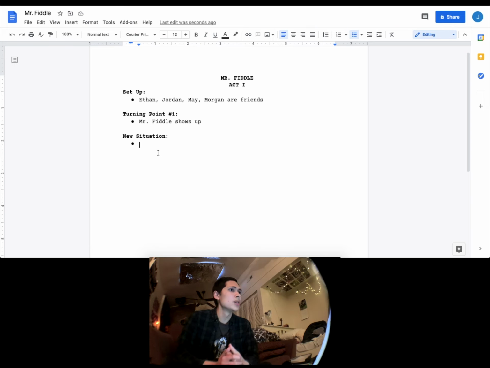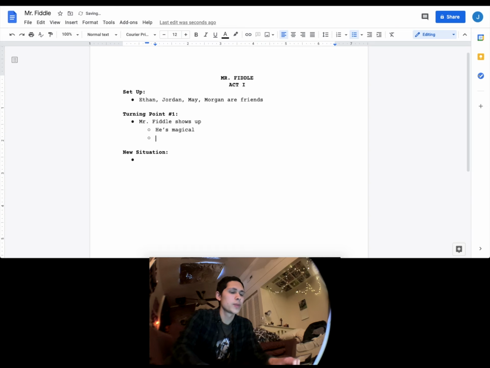So Mr. Fiddle shows up, and he's got magic. He's magical, and the characters think it's really cool. Or he grants wishes. That might be kind of interesting.